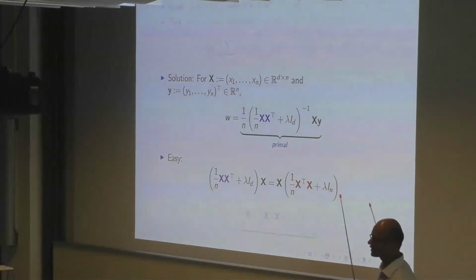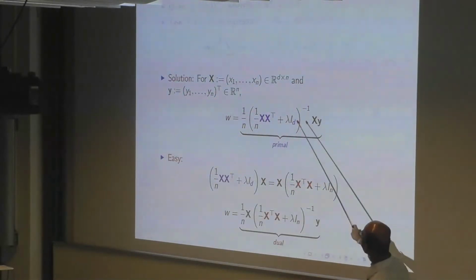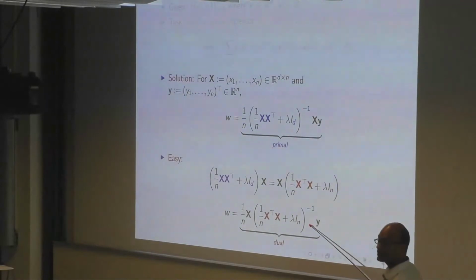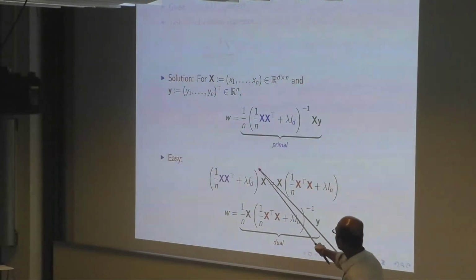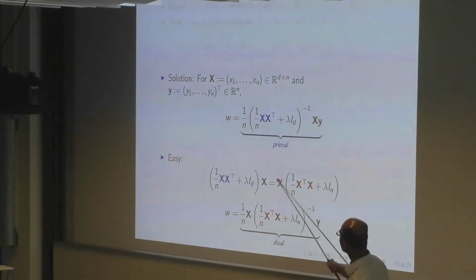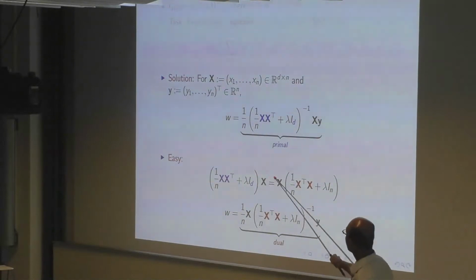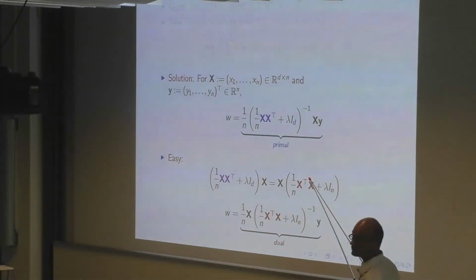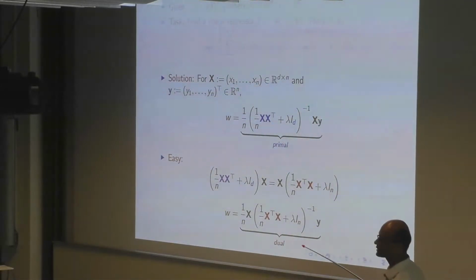This is easy to check. Now I'm going to write this quantity in this fashion: just pre-multiply by the inverse of this matrix, and post-multiply by the inverse of this matrix, and then I can write this problem in this fashion.